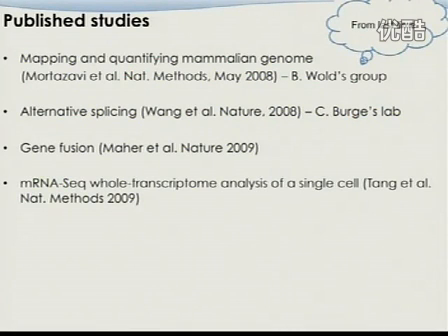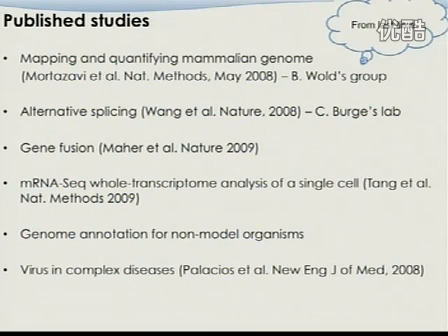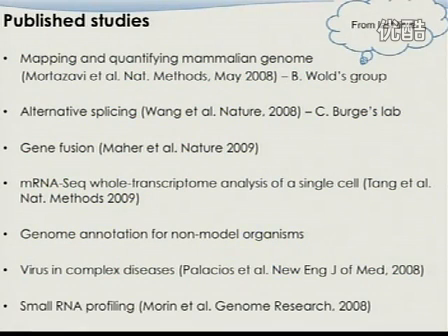Gene fusion is another study we mentioned, and mRNA sequencing whole transcriptome analysis of single cells, where you can see that people can work at that level. And genome annotation for non-model organisms, because for some species we don't have a reference genome, so you have to use RNA sequencing to annotate those.